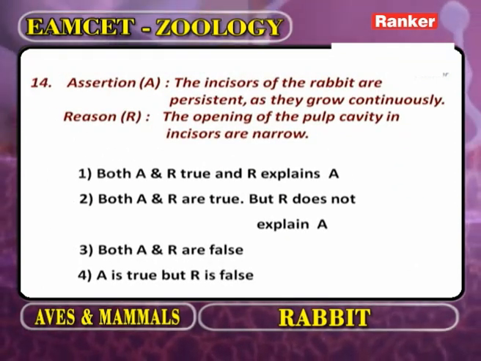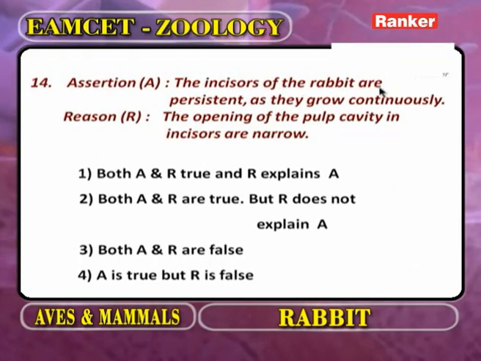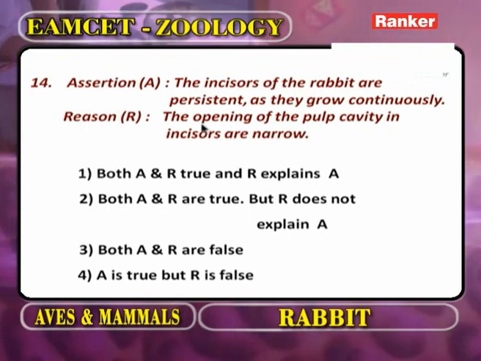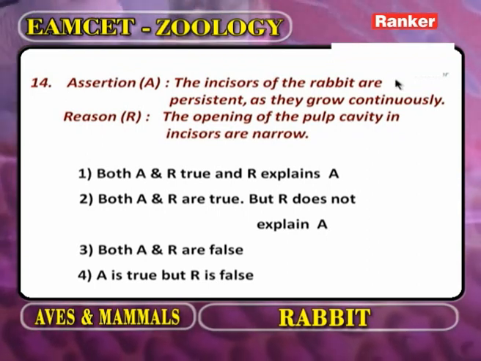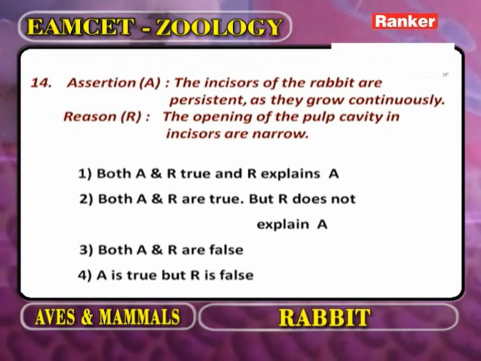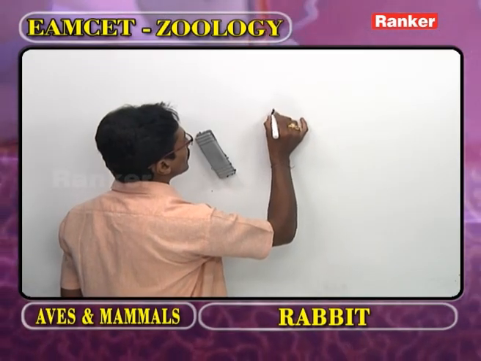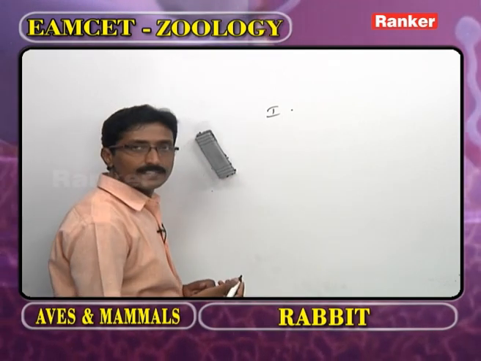The incisors of rabbit are persistent as they grow continuously. Now, as we observe the teeth of rabbit, in the body of mammals, 4 kinds of teeth are present. One we call it as incisors.